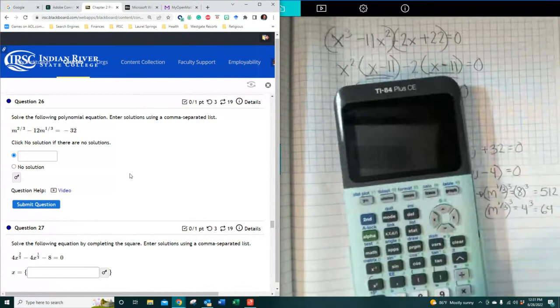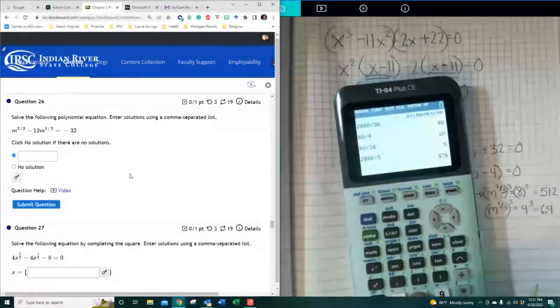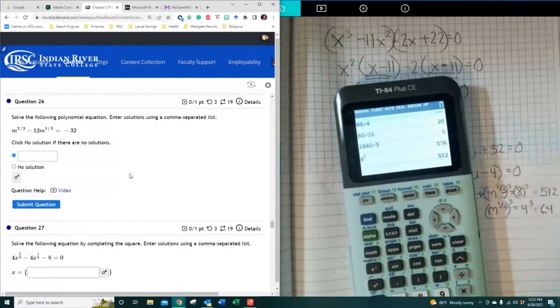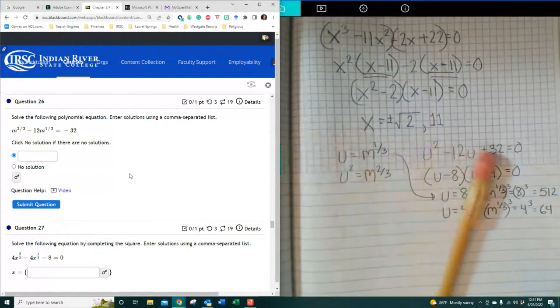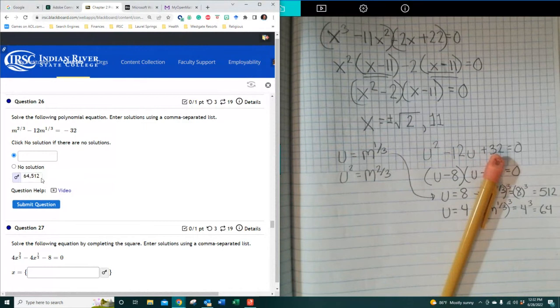If I don't trust myself, I can do 8 to the 3rd power and get 512, and 4 to the 3rd power and get 64. You can use your calculators. I just happen to know what they were. I've been doing math for a while. So our answers are 64 and 512.